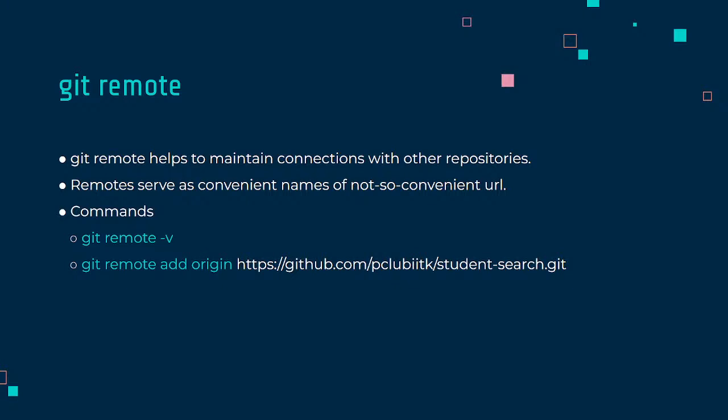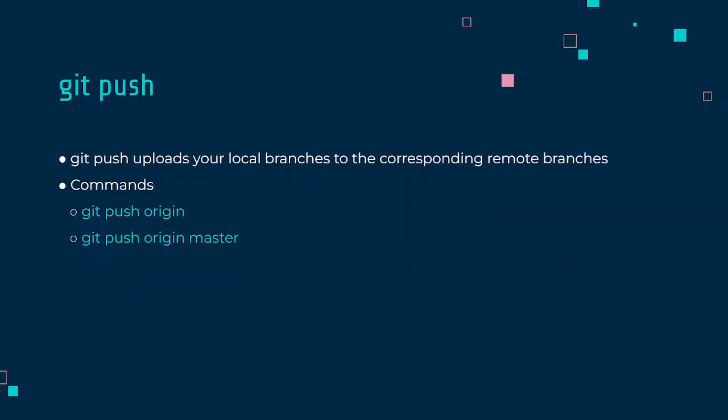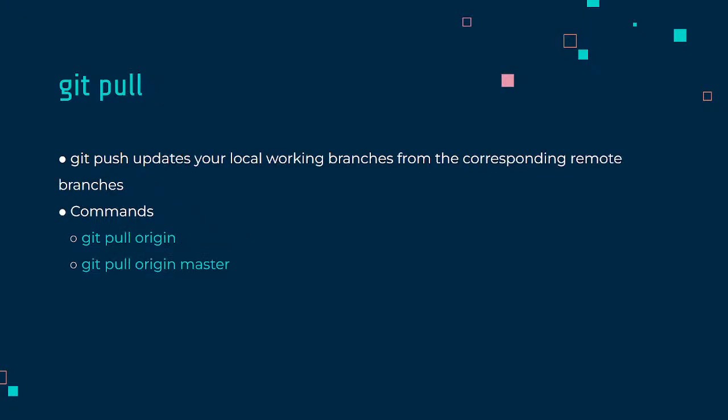Now git push basically uploads your local branches to the corresponding remote branches. The commands for git push are git push origin or git push origin master. Now git pull. Git pull updates your local working branches from the corresponding remote branches. The command for git pull is git pull origin master.